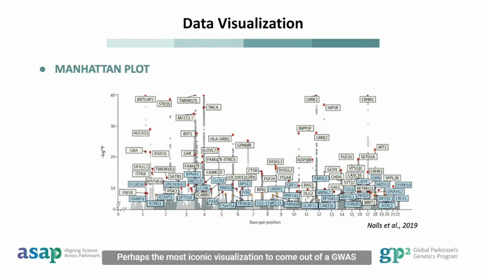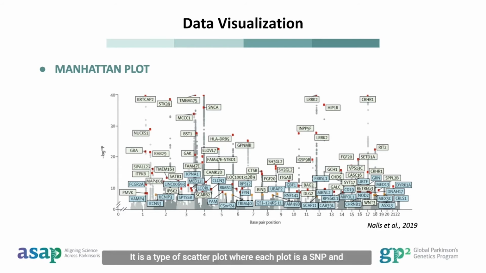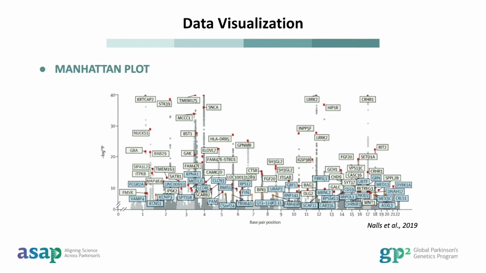Perhaps the most iconic visualization to come out of a GWAS is the famous Manhattan plot. The Manhattan plot is named after the Manhattan skyline in New York City, New York, because of its many peaks. It is a type of scatter plot where each plot is a SNP, and the higher the SNP is on the plot, the more associated that SNP is said to be with the phenotype of interest.